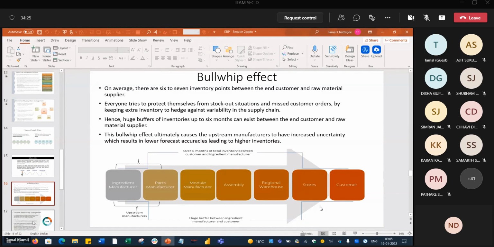Okay, so that is the thing actually. Now suppose there are some floods and all, a devastating effect, then we have to rebuild that area. Then you will find that bullwhip effect actually.